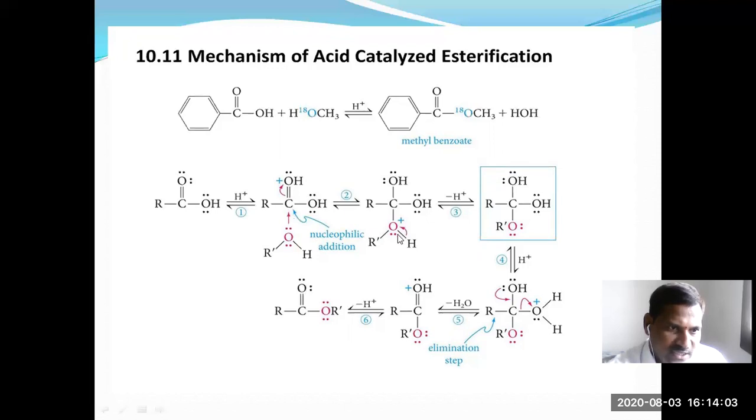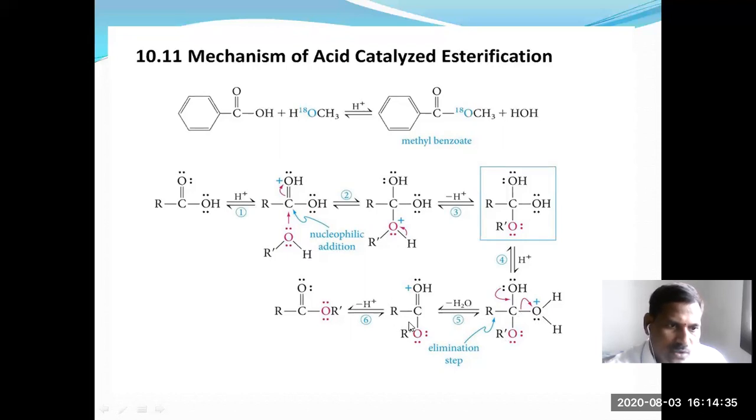In the second stage, after addition of the alcohol to the carbonyl carbon, a proton is changed. After that, there is elimination of a water molecule, or loss of water. This is the elimination step.